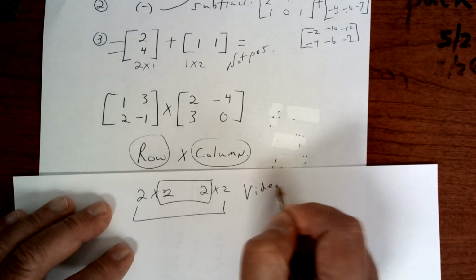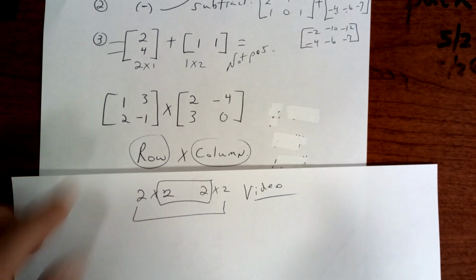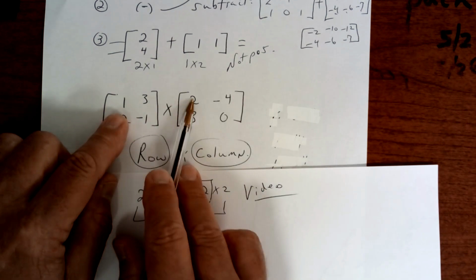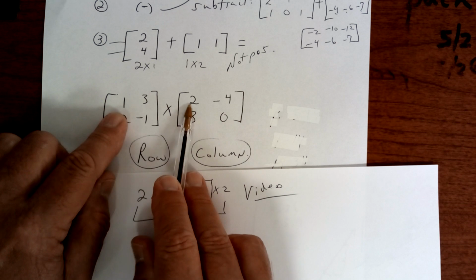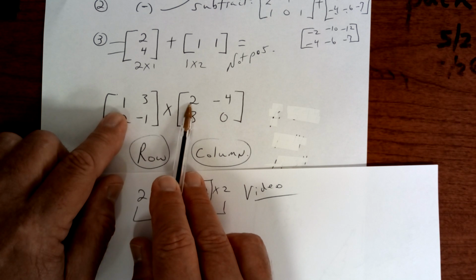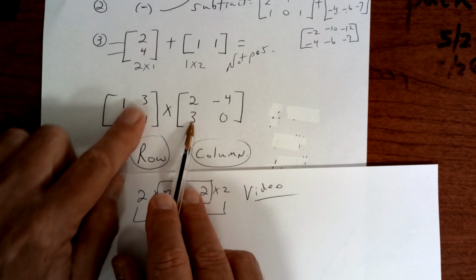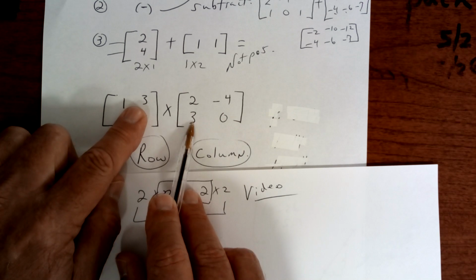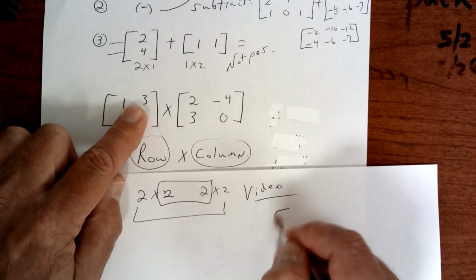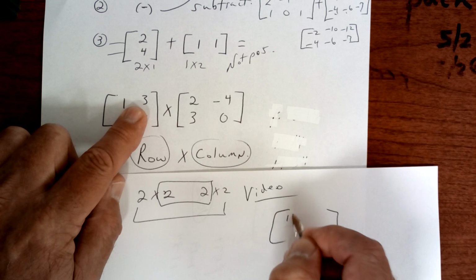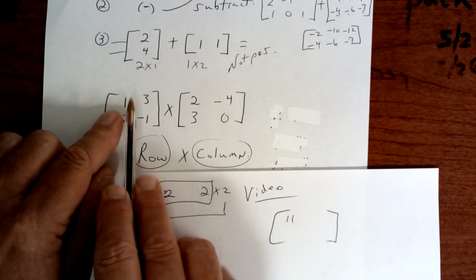We're going to watch a little video on this. Alright, so let's try this. We're going to take this row times this column. So 1 times 2 is 2. Remember that. And 3 times 3 is 9. So 9 plus 2 is 11. Watch again. We're going to take this row times this column.